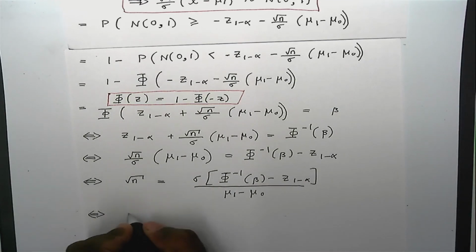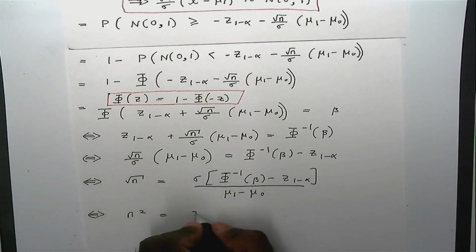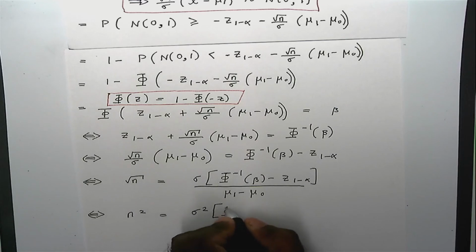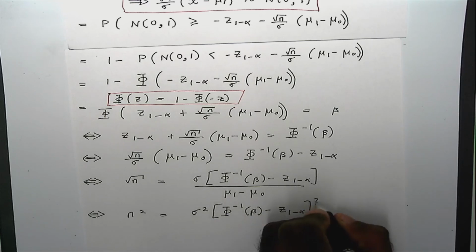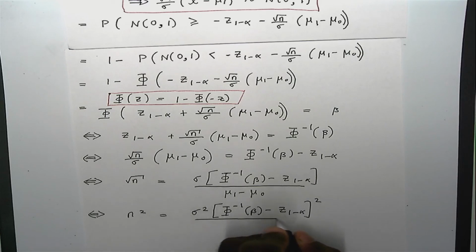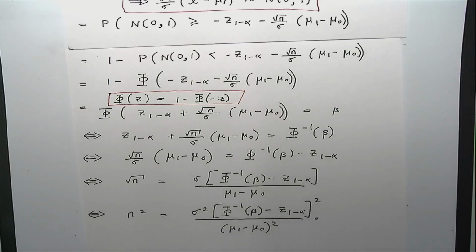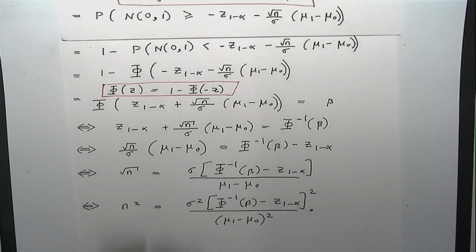The square of root of n is n, the square of this is sigma squared, squared divided by mu1 minus mu0 squared. Right, so the proof is complete.